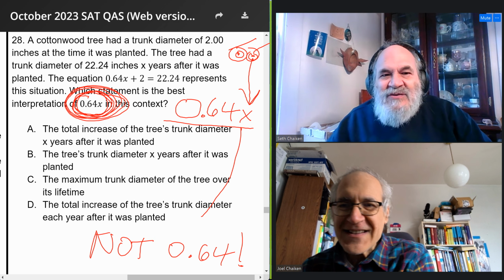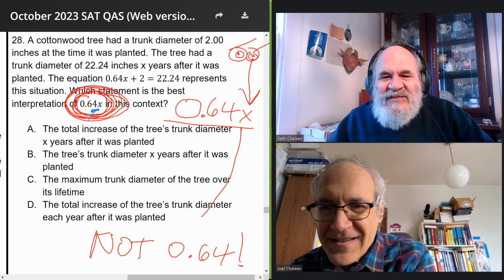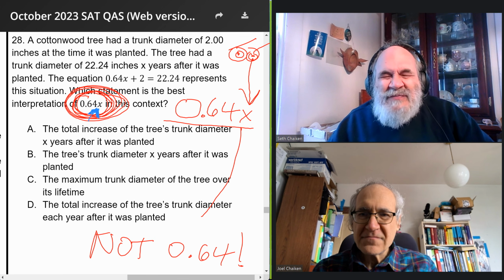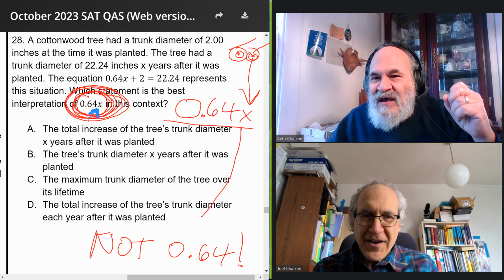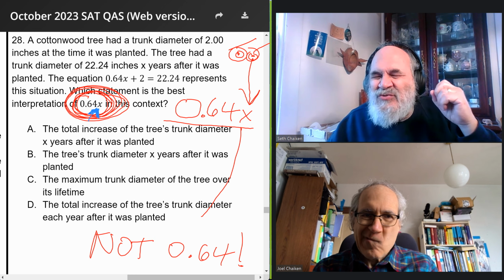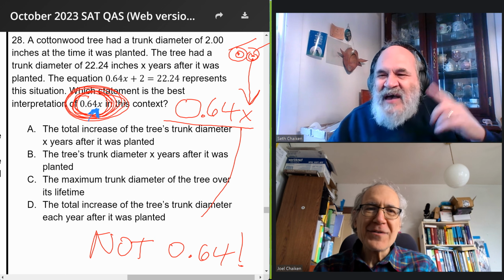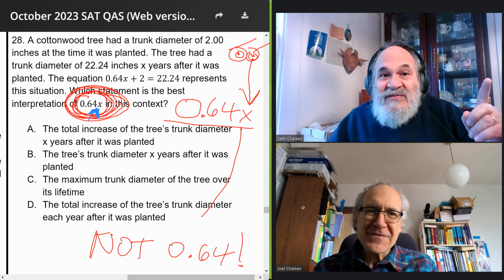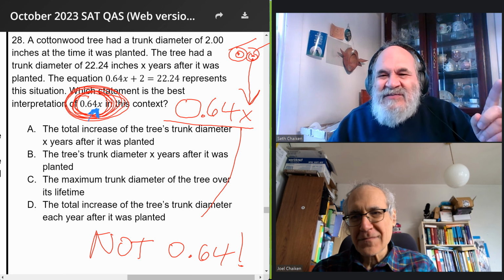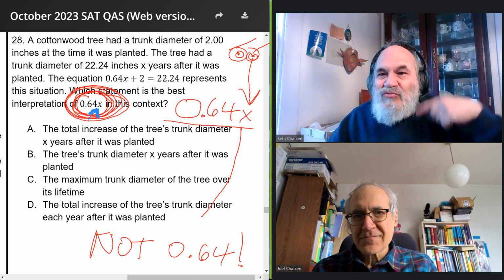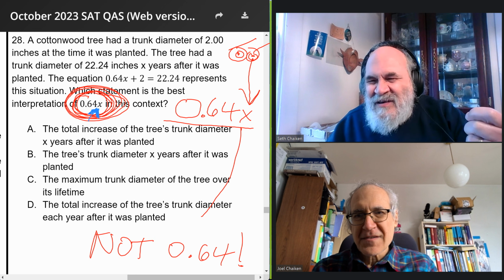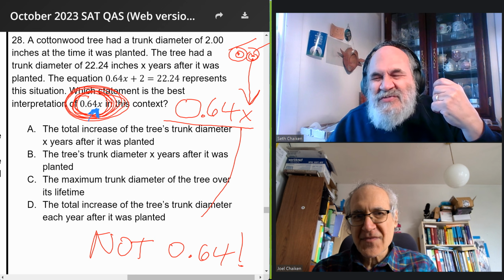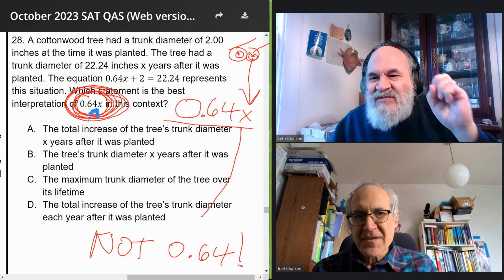Yes, because and then you said the total increase in the trunk's diameter x years after it was planted. A is not the rate. I know. And that's why you excluded A. No. Your mistake was that instead of saying that 0.64x is the rate times the time, you said that the thing to be interpreted was the rate.